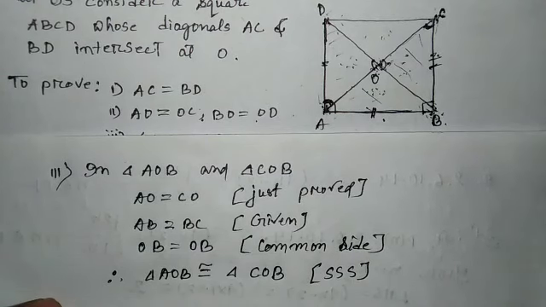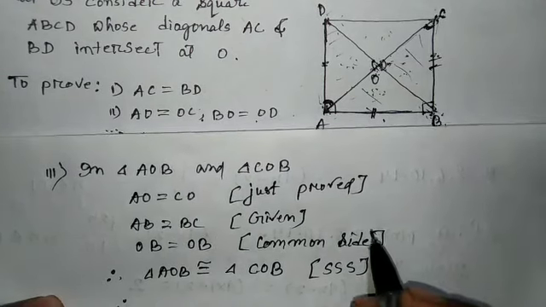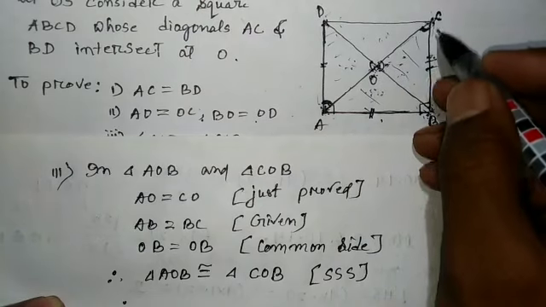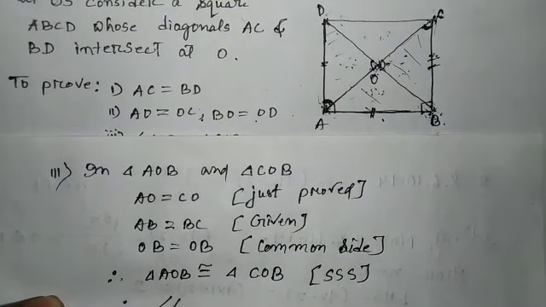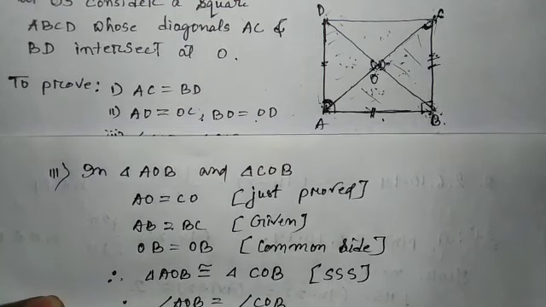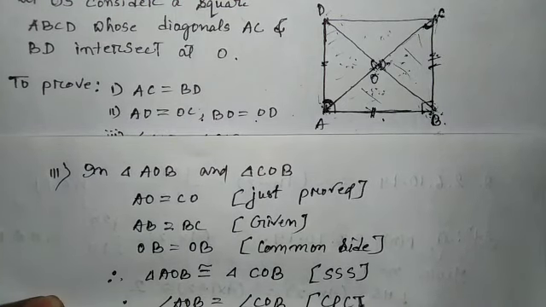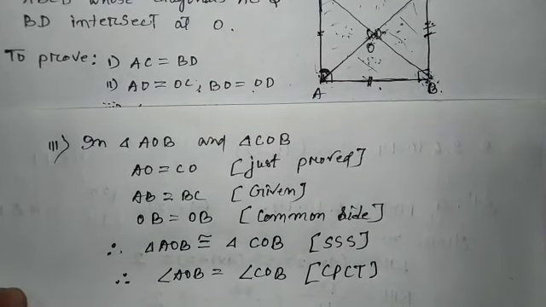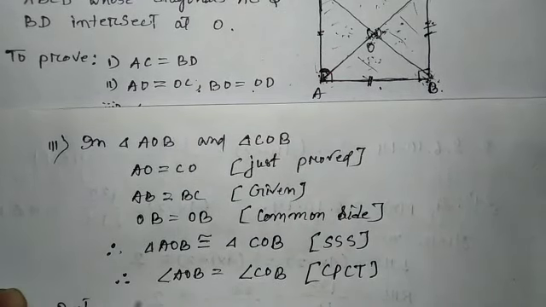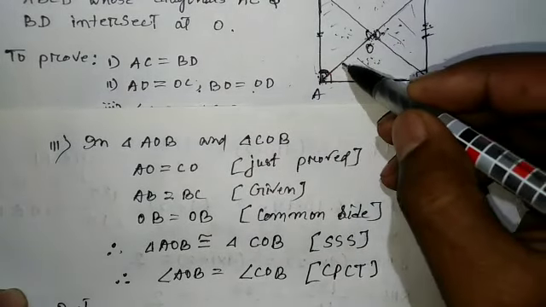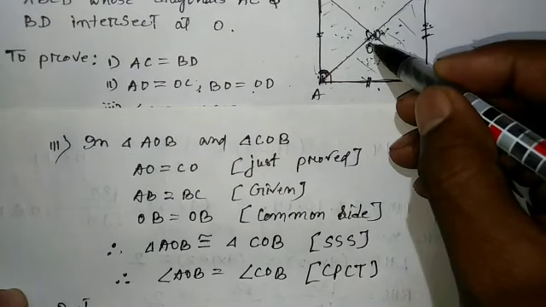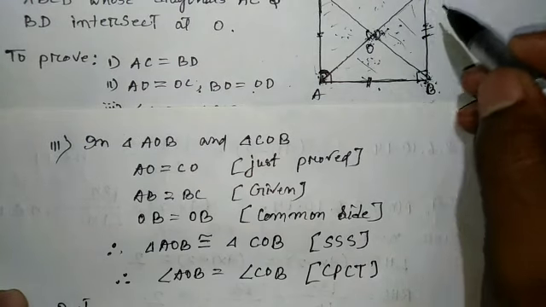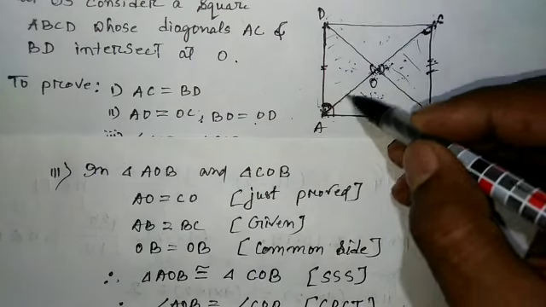Since they are congruent, we can write angle AOB and angle COB are equal, CPCT. But these two angles AOB and COB are forming a linear pair on the same line.